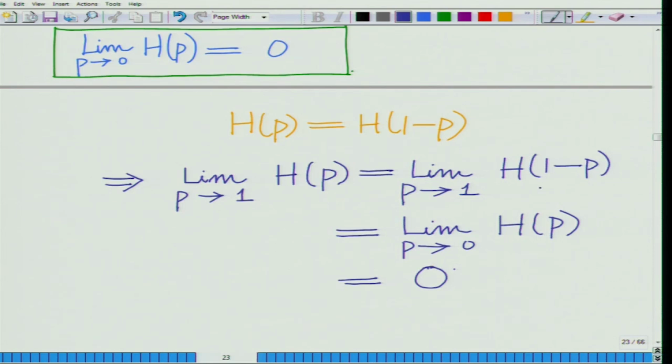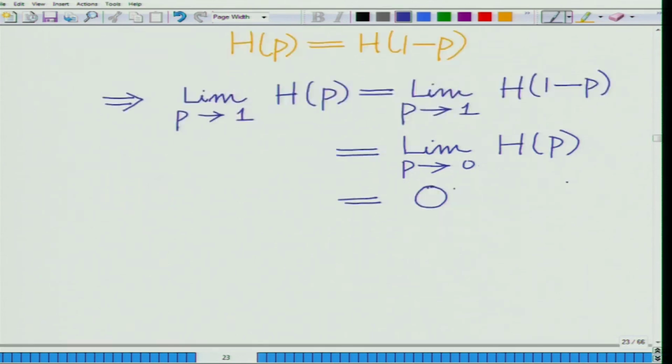Because if p tends to 1, then 1 minus p tends to 0, which means that the limit as p tends to 1 of h of p is also equal to 0.